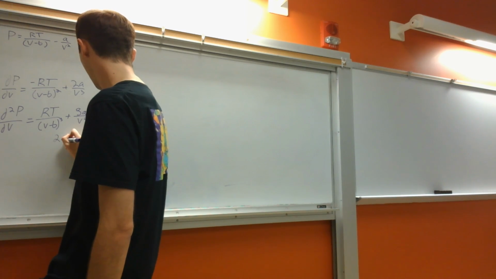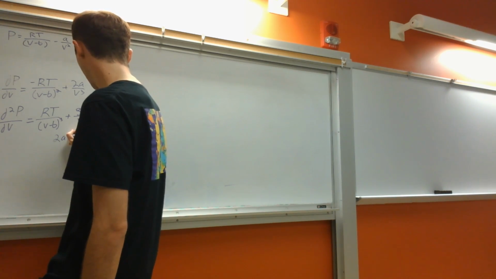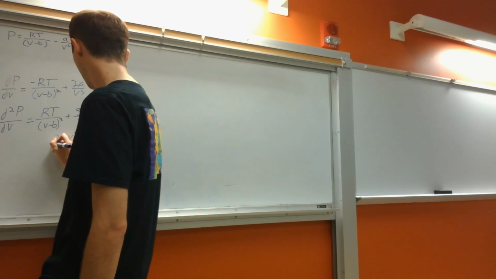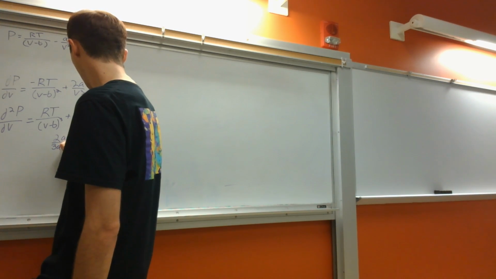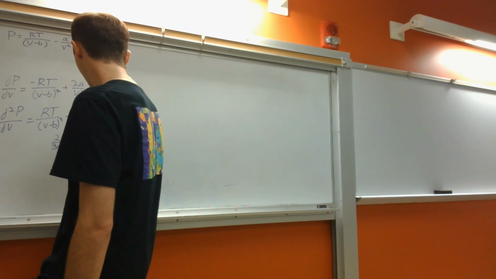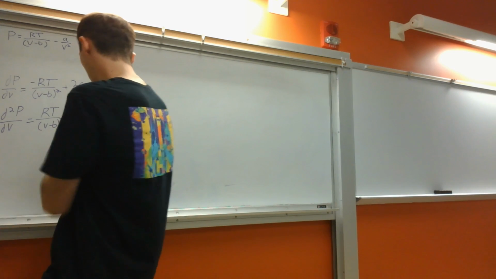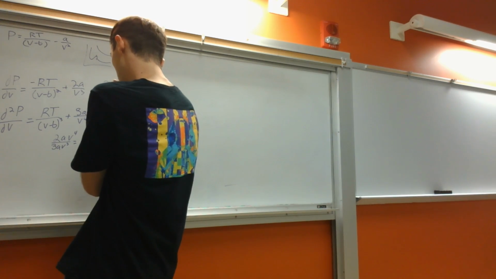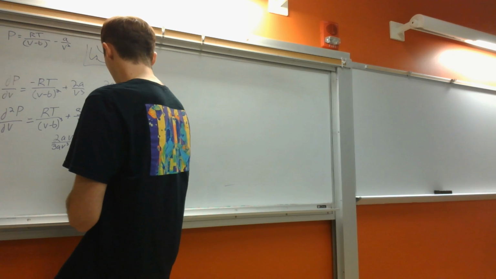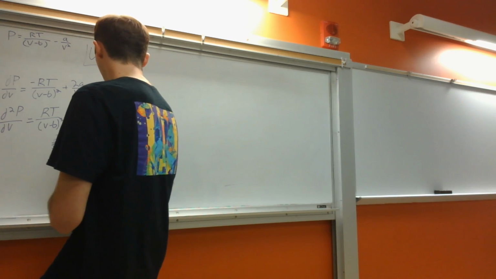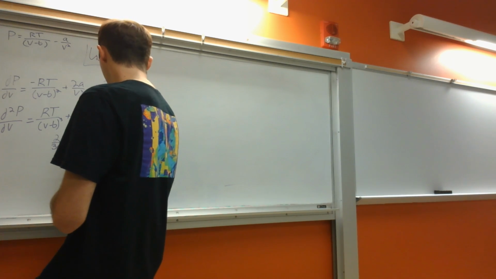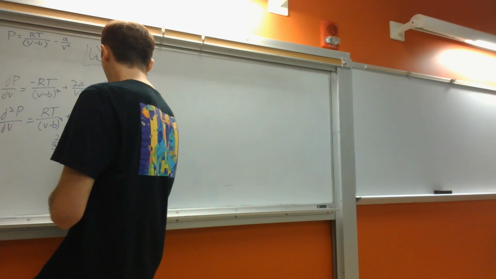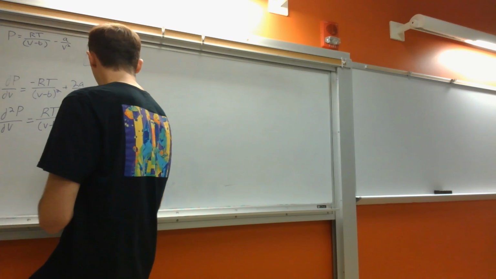2A times V to the fourth over 3A V cubed is equal to RT times V minus B cubed over RT times V minus B squared.